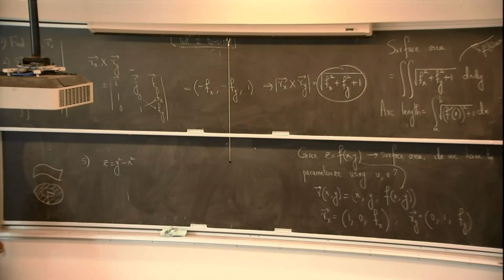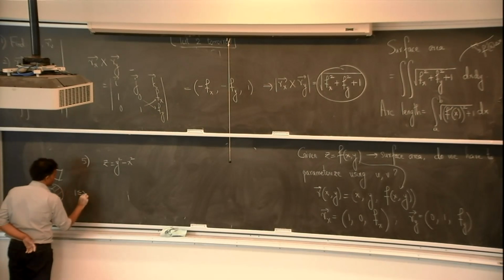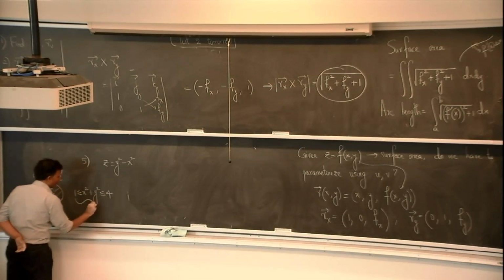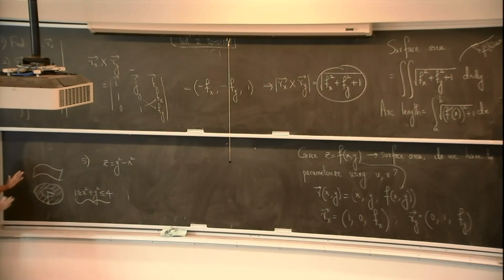Okay, that is what is given there: 1 less than or equal to x square plus y square less than or equal to 4. That will help you fix the boundaries of where we need, because this just extends from negative infinity to infinity. We need to stop it somewhere, and the stopping place is using this annular region. So what is the area of the surface which is directly above this shaded part here?